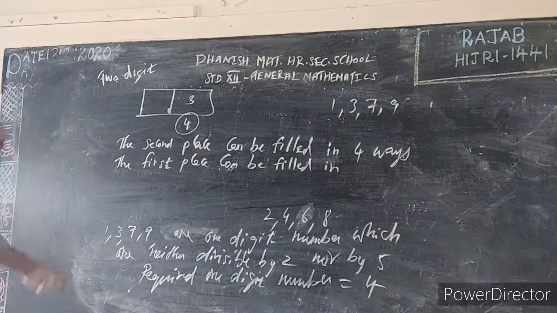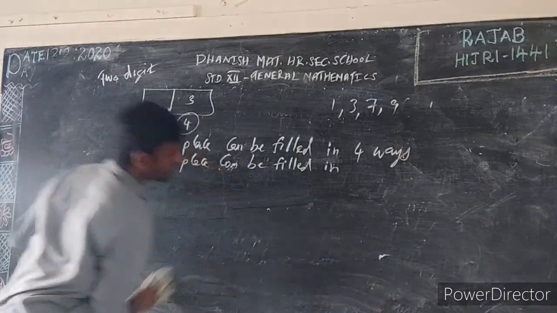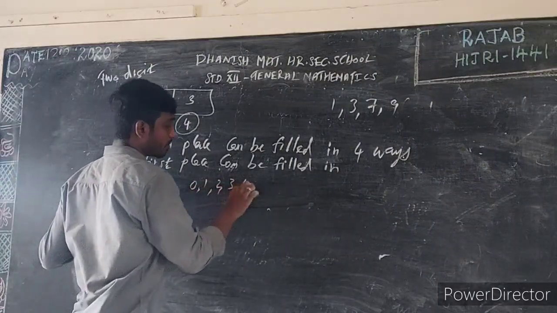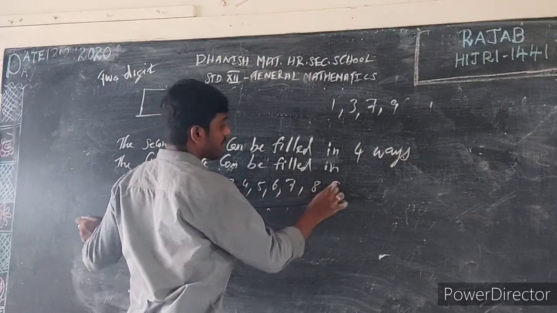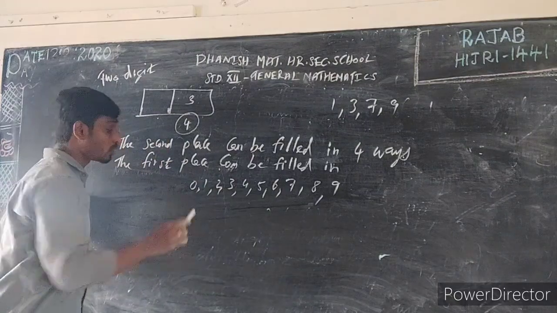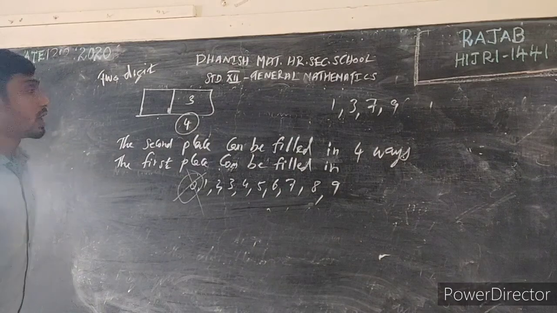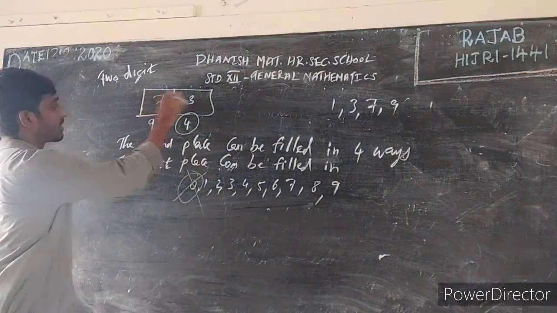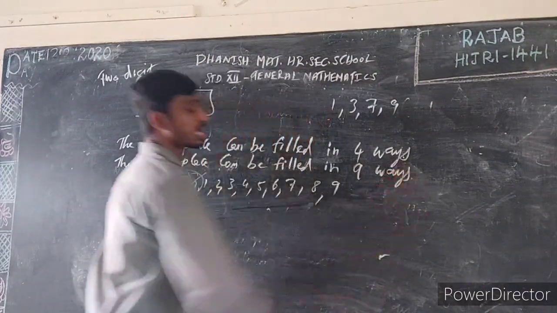The digits given are 0 to 9, but there is no need to put 0 in the first place. Neglecting 0, the remaining is 9 ways.